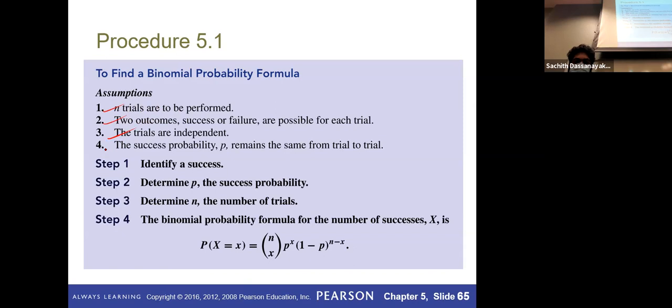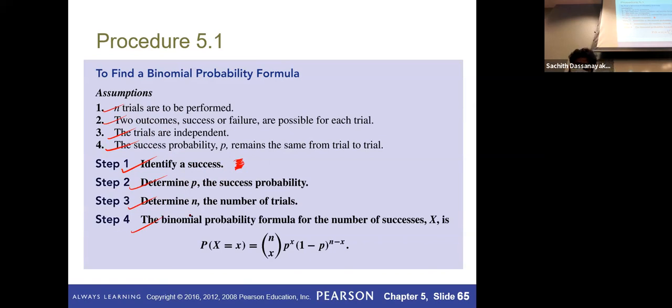The success probability is P. First we need to identify the success, which means we need to find the P. We need to define what our success is, then find the P, which is the probability of success. Then find what N is. Finally, you can plug your values into this binomial distribution and find the corresponding probability.